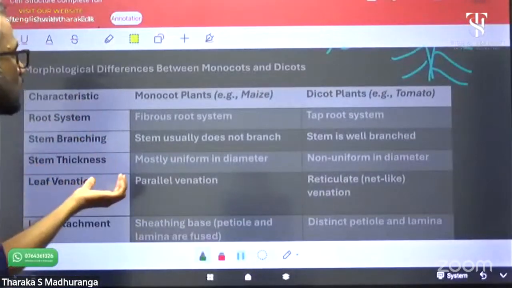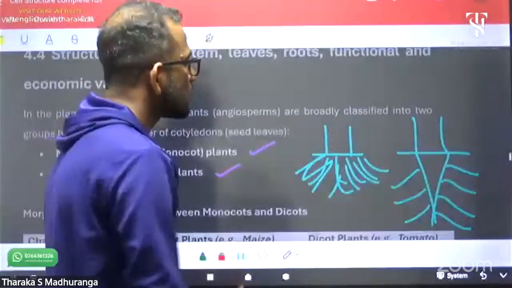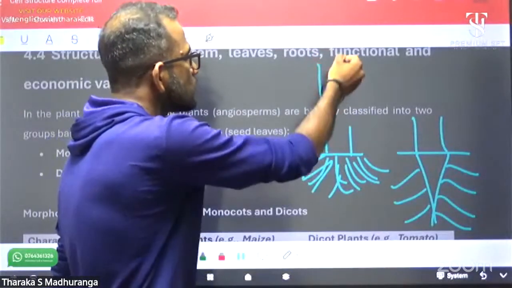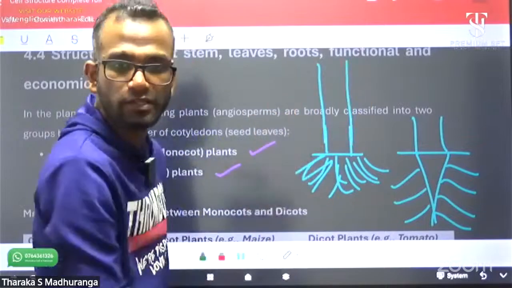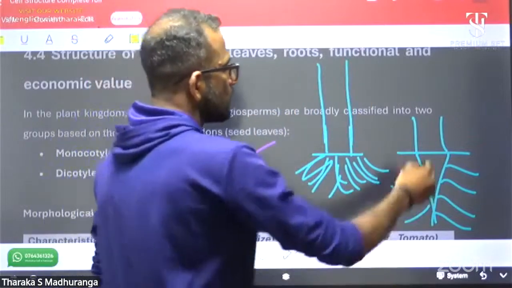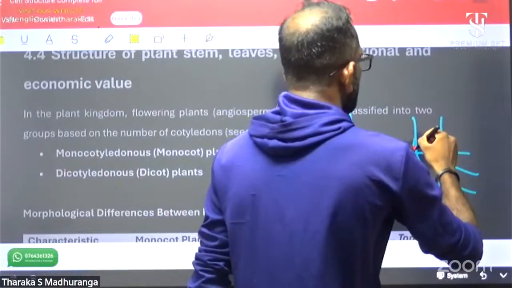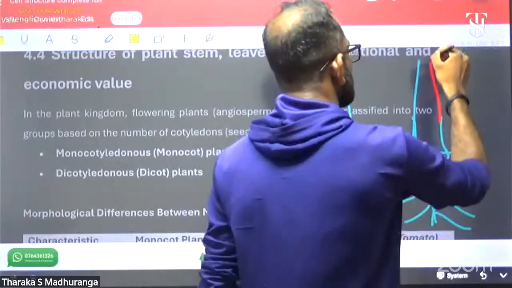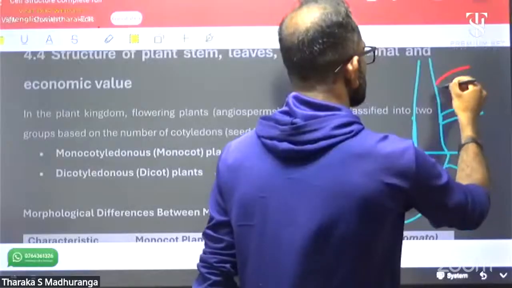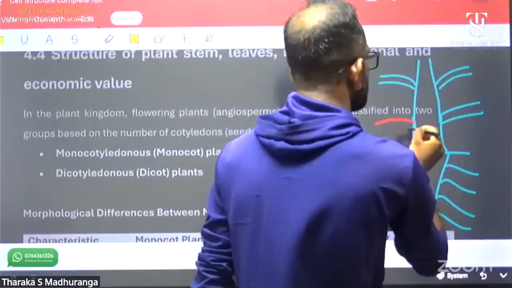And the stem is not branched. If you get coconut, the stem is the same diameter and has no branches. And if you get a dicotyledon plant, the stem is not the same diameter, but it has branches like this.